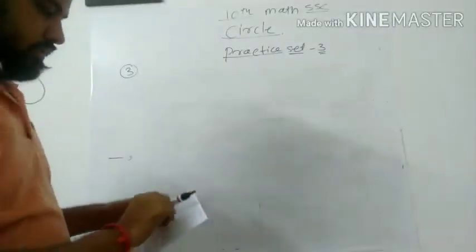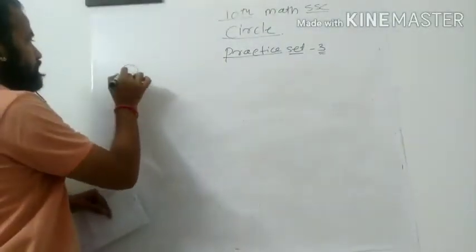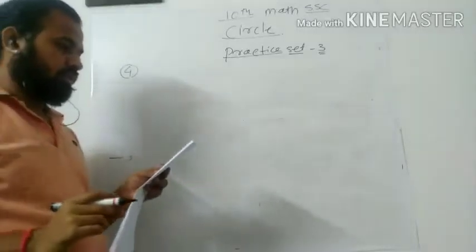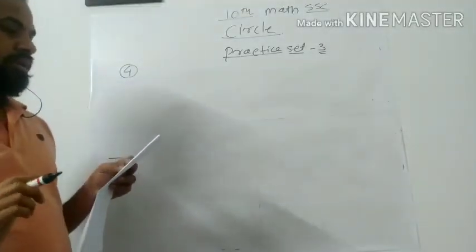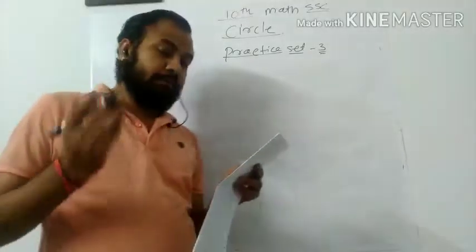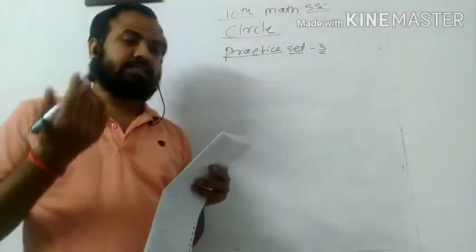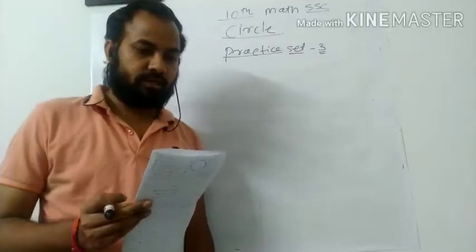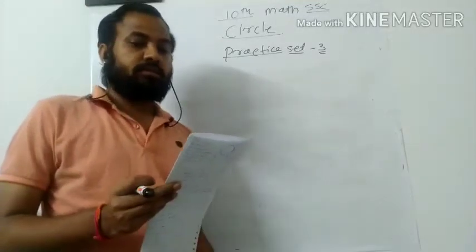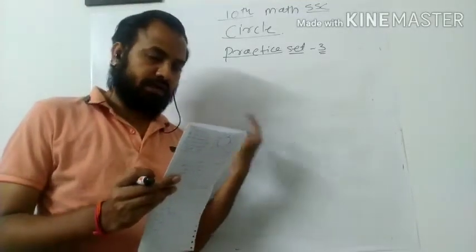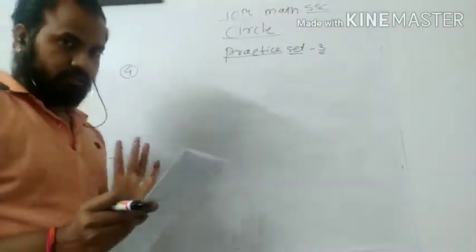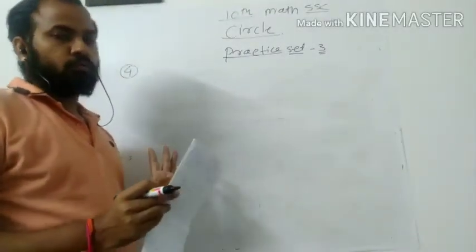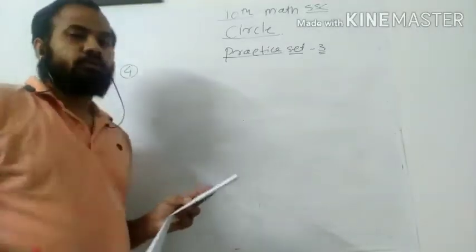So in this question, a diagram is given and O is the center of the circle. Segment AB and segment AC are tangent segments. The radius of the circle is given as r and the length of AB is given equal to r. Again, radius and length of AB are the same. We have to prove that quadrilateral ABOC is a square.